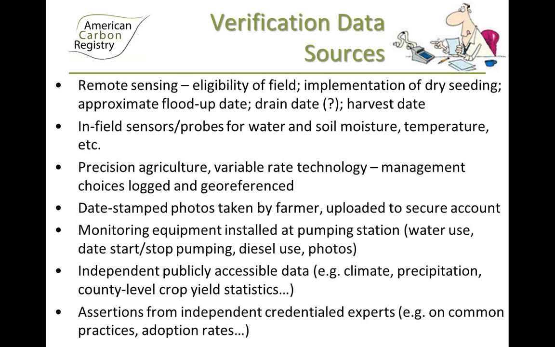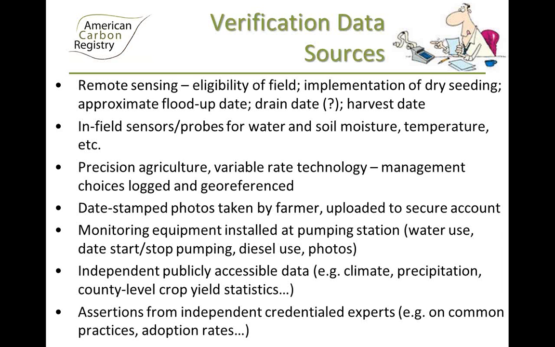The flood date, the drain date, these things can sometimes be seen pretty well from remote sensing. And so that's a powerful tool, and even raises the possibility of verifying certain parameters on 100% of fields instead of just a sample. We've also been looking at in-field sensors and probes for water and soil moisture to establish when fields were flooded or drained.